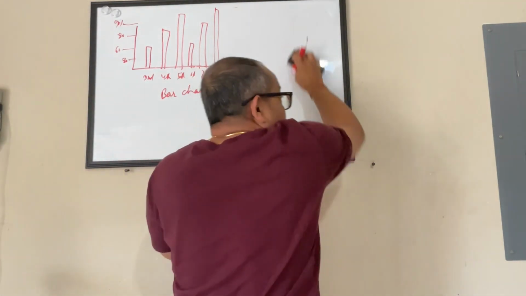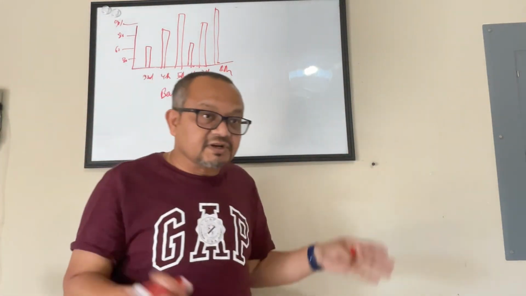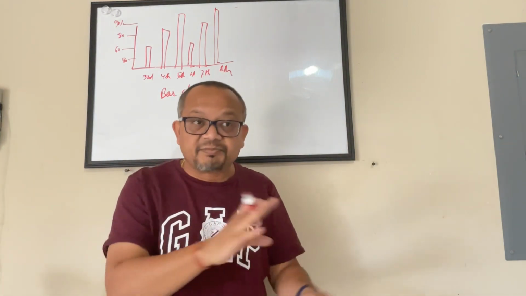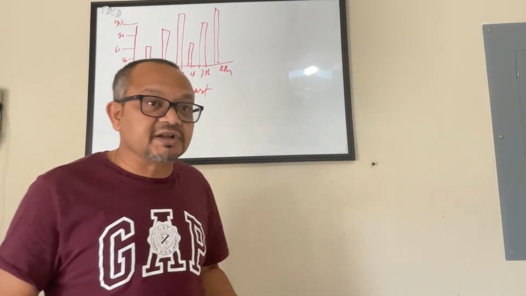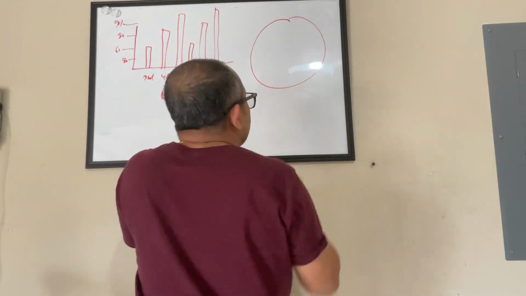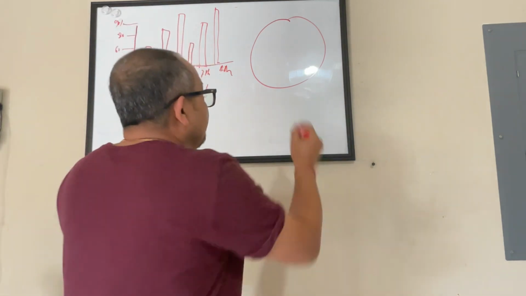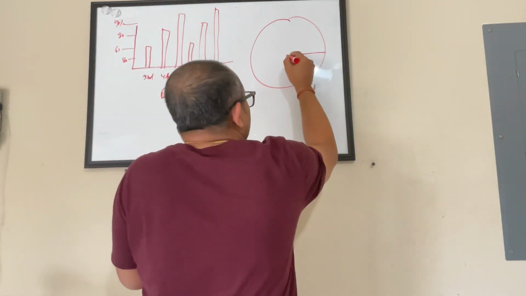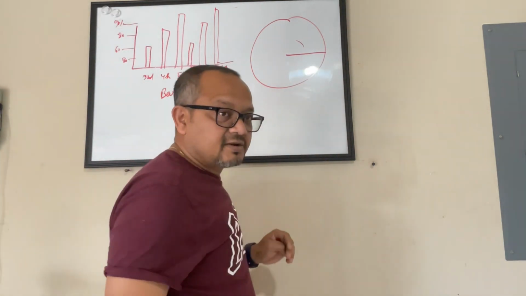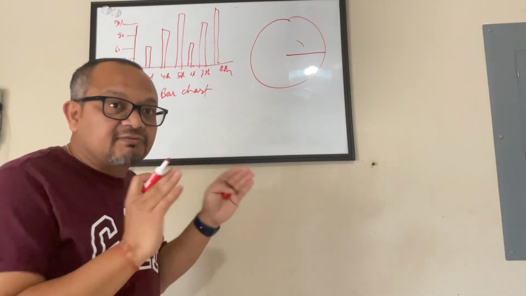When you have to demonstrate distribution of something across different sets of people, units, companies, whatever different entities, that is when you use the pie chart. This is the whole pie, nothing but a circle, which has 360 degrees. And you distribute, let's say, equally among 3 people.